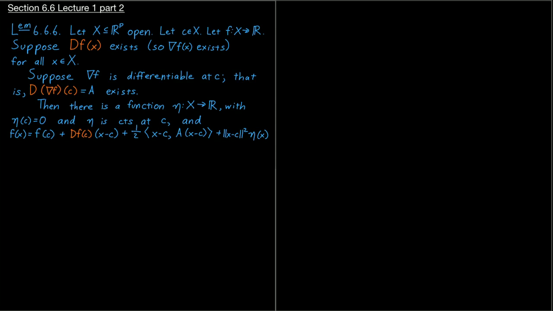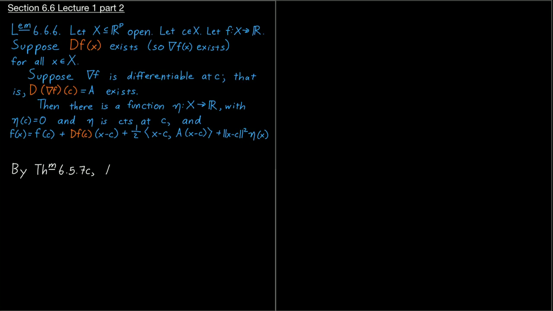I'd like to say a little bit more about this linear transformation, big A. That's the derivative of the gradient of f before we move on. So we can write out an explicit formula for what A is. This is from a theorem from section 6.5.